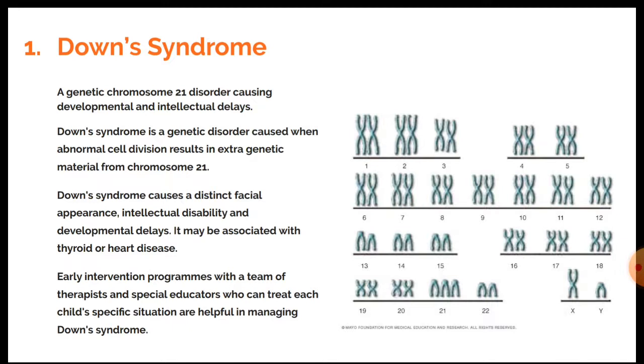So, in such cases, the total number of chromosomes remains 46, but there is an extra 21 material because this segment of the 21st chromosome is attached to another chromosome, usually the 14th chromosome. But this form of Down syndrome is rare. That is, the familial Down syndrome is rare.